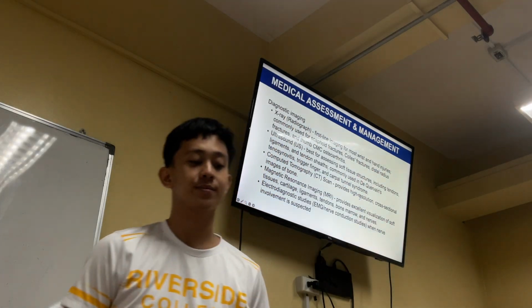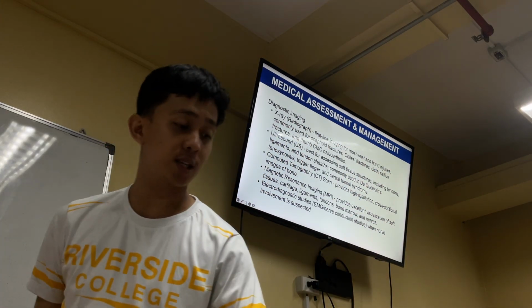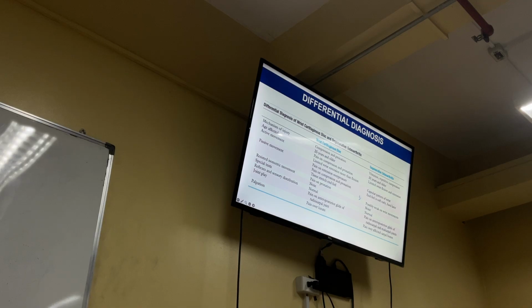Also Monteggia and Galeazzi fractures. CTS, which we mentioned earlier. De Quervain's tenosynovitis can also be added here, since in distal radius fracture the pain can be seen radially. Same with De Quervain's, the pain can be seen radial or proximal to the wrist joint.